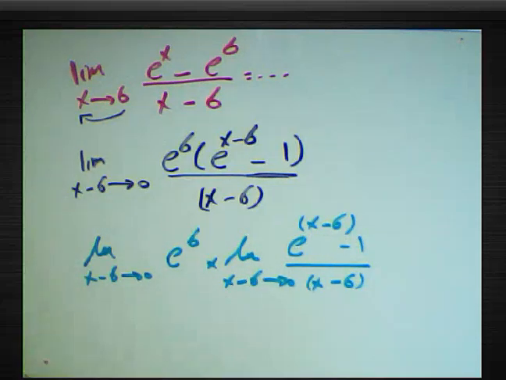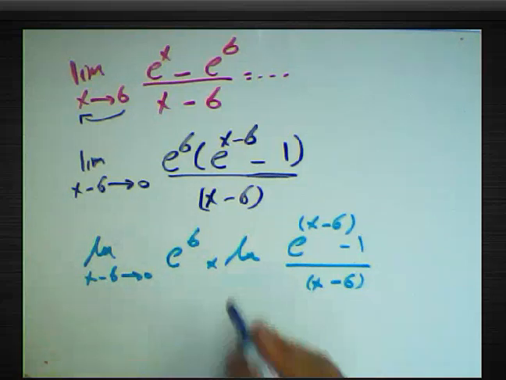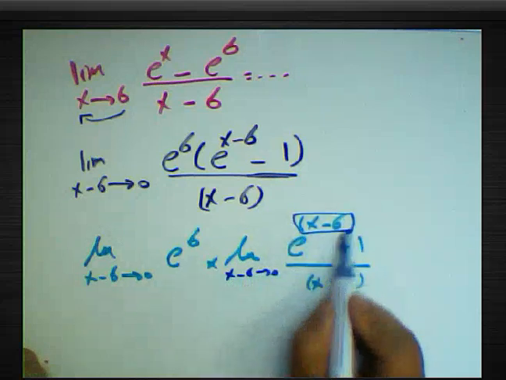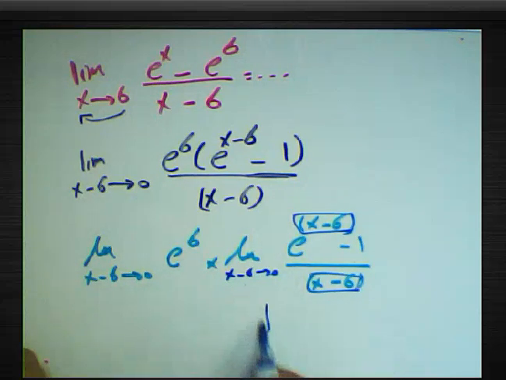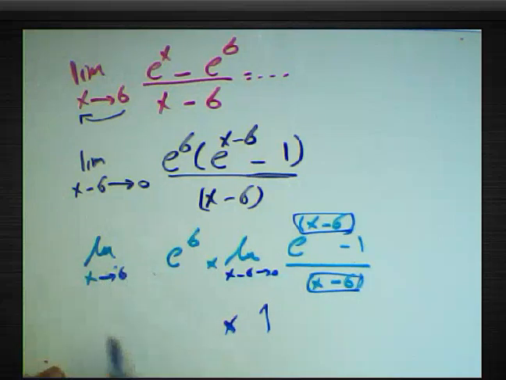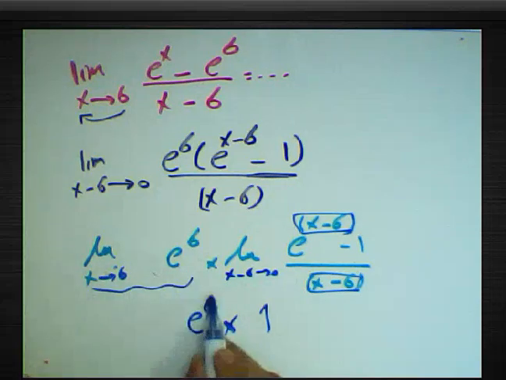It will be 1. Okay, x minus 6 approaches 0. The power here is like the base, so the result will be equal to 1. And here we can move 6 from the left-hand side to the right-hand side, x approaches 6. Okay, the result will be what? It's a constant. It will be e to the power 6 multiplied by 1. It will be e to the power 6. The result will be e to the power 6.